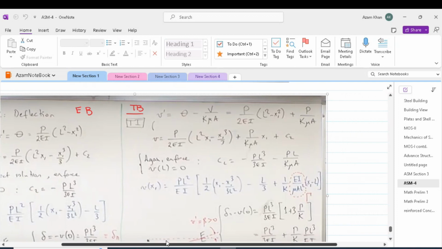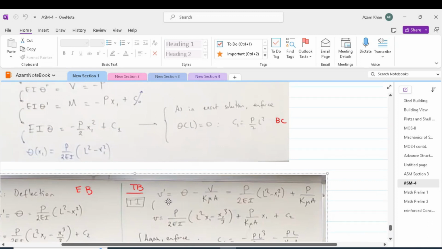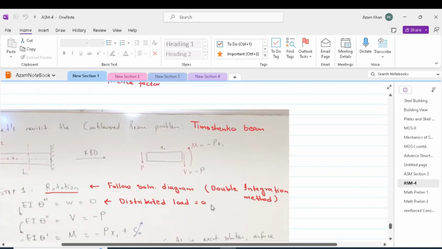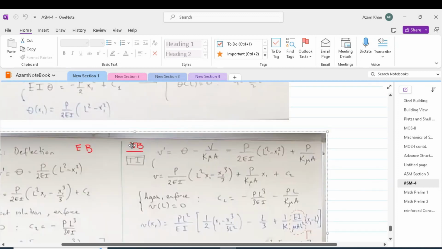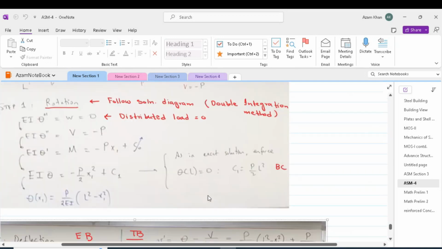So again, we have v prime equal to theta minus V over K mu A. This is as per our Timoshenko beam equation, which is v prime is equal to theta minus capital V by K mu A. So rewriting this equation and plugging the value of theta, which is P over 2EI times (L square minus x1 square), we will get capital V, which is shear, and that is minus P as per our sign convention.